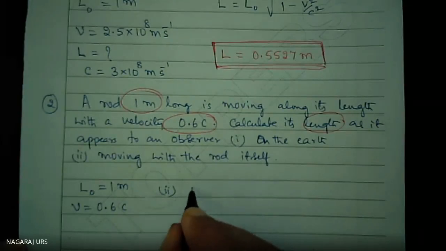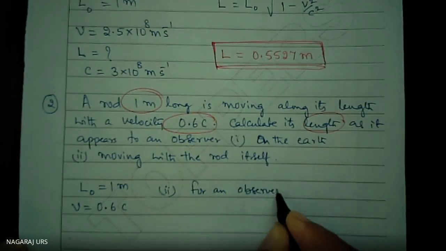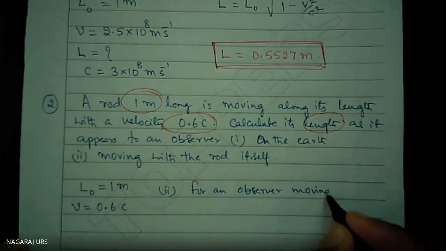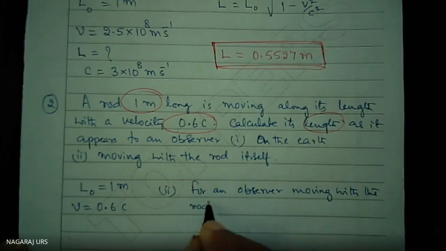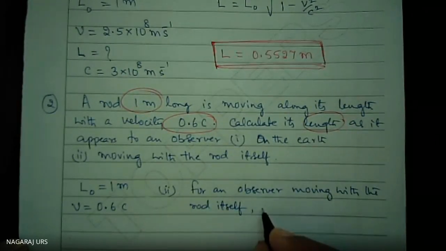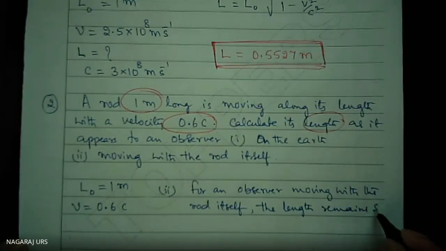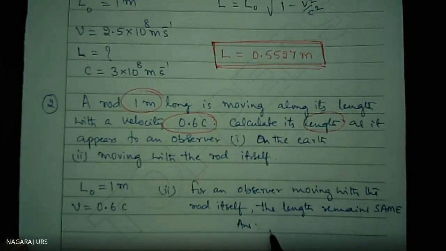So for an observer moving with the rod itself, the length remains the same. Therefore, the answer is length equal to 1 meter only.